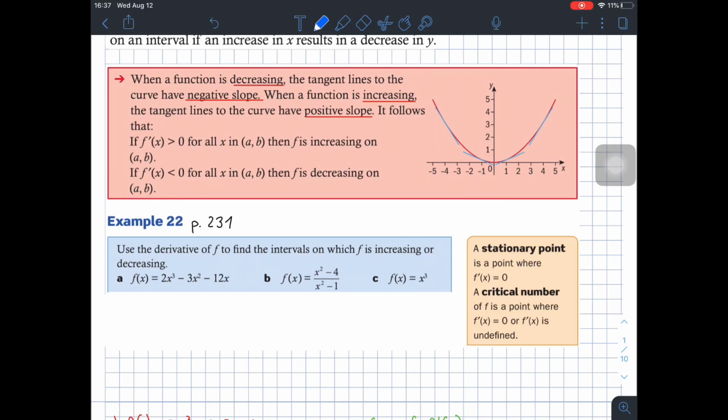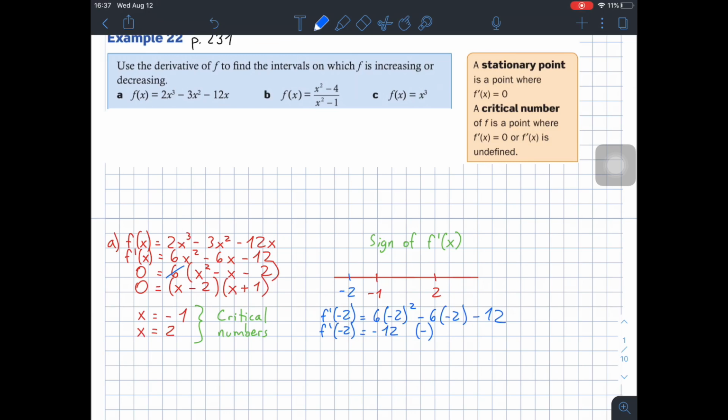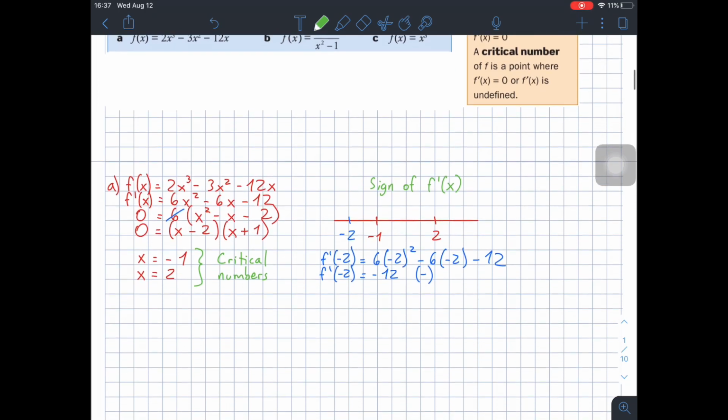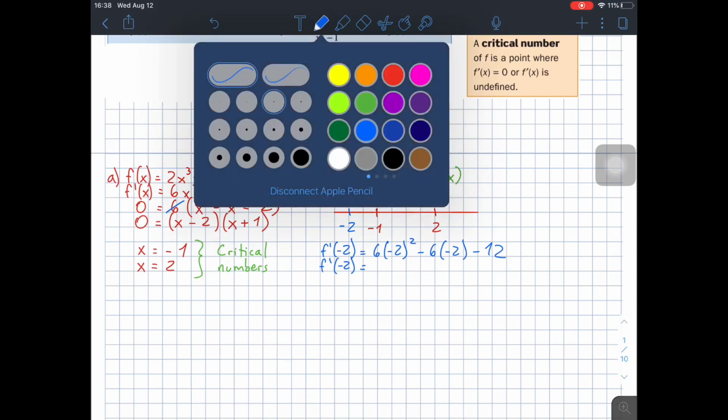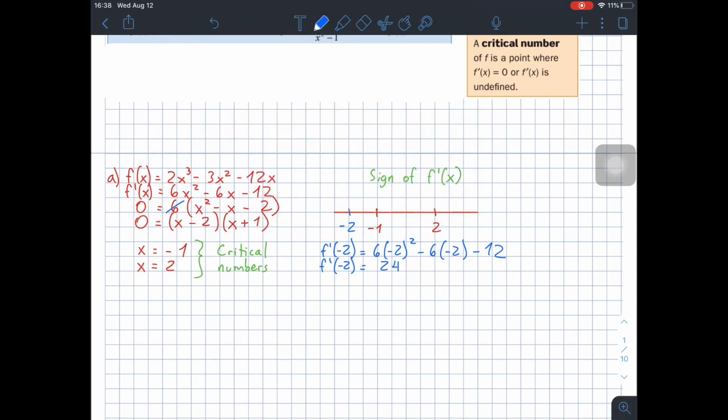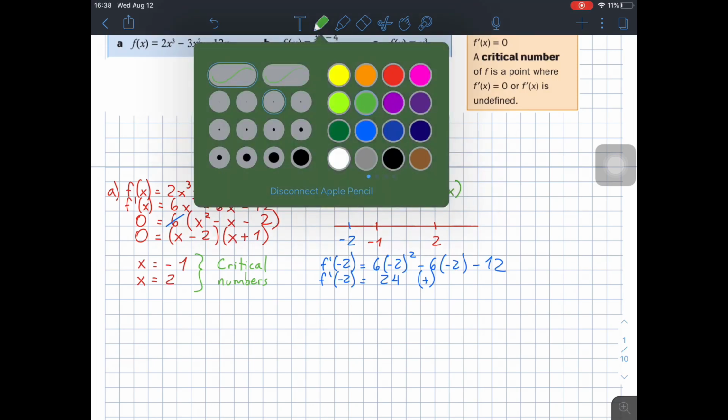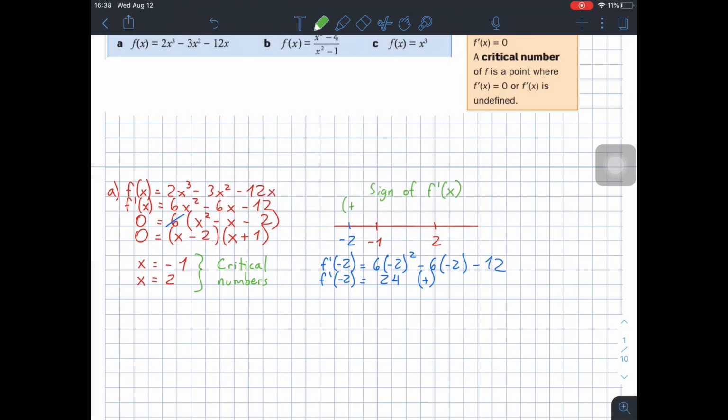Okay, so with this information, with this negative sign over here, we can already conclude that the function is, wait, I made a mistake here. This is not -12. This is actually +24. Sorry, this is 24. So this is a positive number, sorry. So since it is a positive number, we conclude that the function is increasing before we get to -1, which is a critical number, okay?